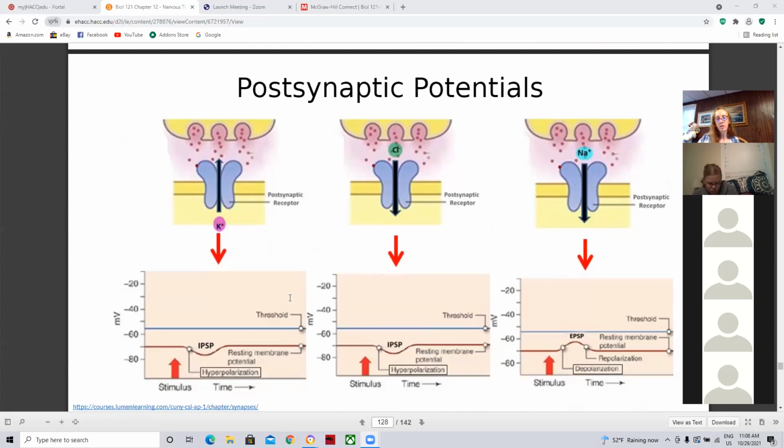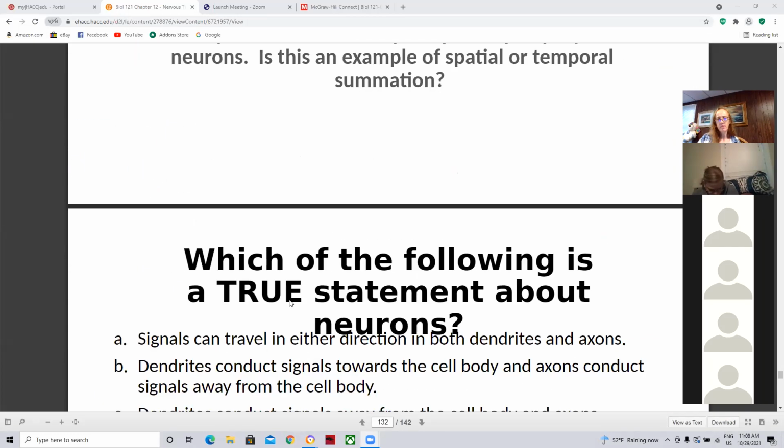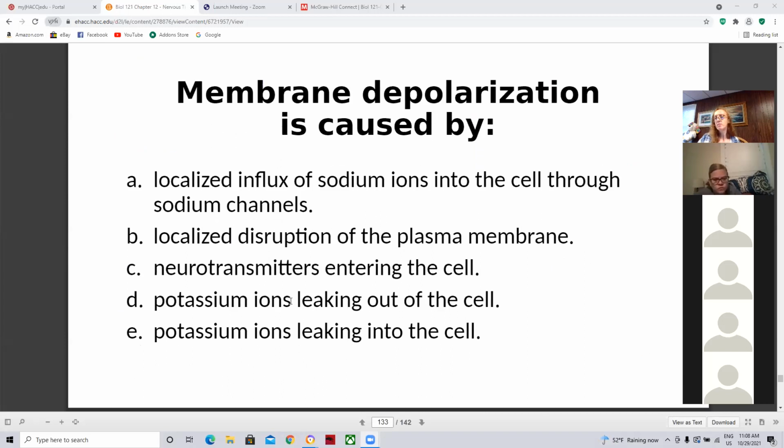Right here. Into the cell. So depolarization means that the inside of the cell is becoming more positive. So this is a localized influx of sodium ions into the cell.